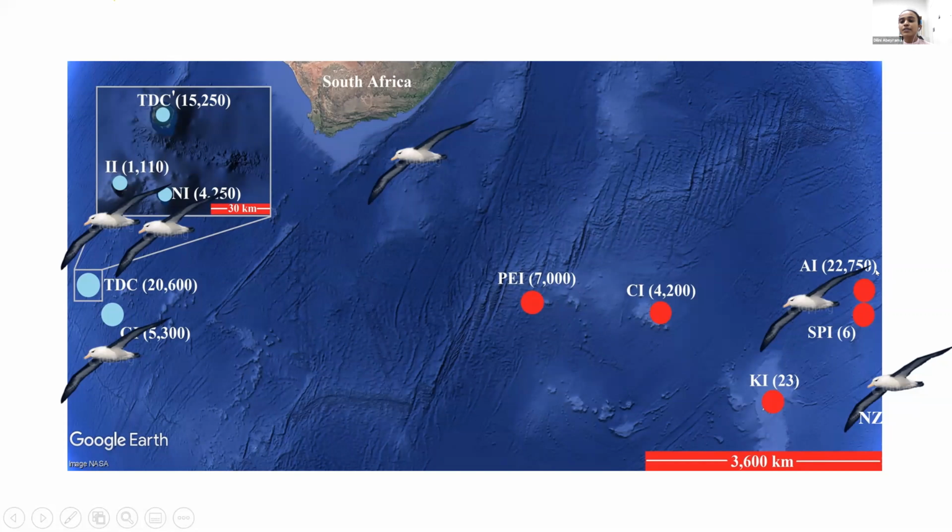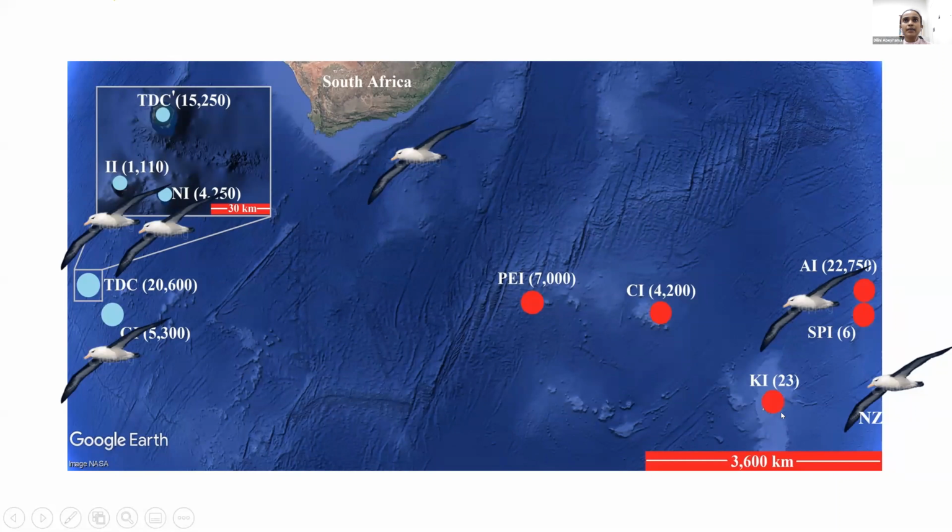For the Indian yellow-nosed albatross, we had 33 individuals from Amsterdam Island. As for bycatch samples, we had 38 from seas around South Africa and 82 from around New Zealand.